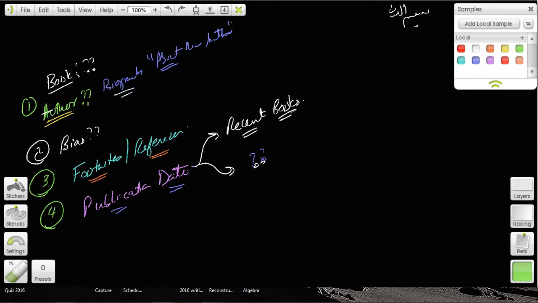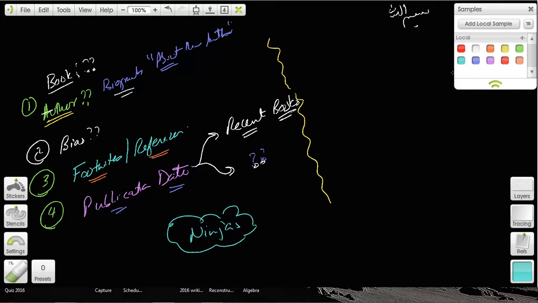Now, let's say once you have a book, okay. Let's say you're looking for something about ninjas, okay. Once you've found a book about ninjas, and you want to know about their dress, right? You don't have to read the whole book, right? You don't have to necessarily. If you want to read the whole book to get a big impression, that's good.